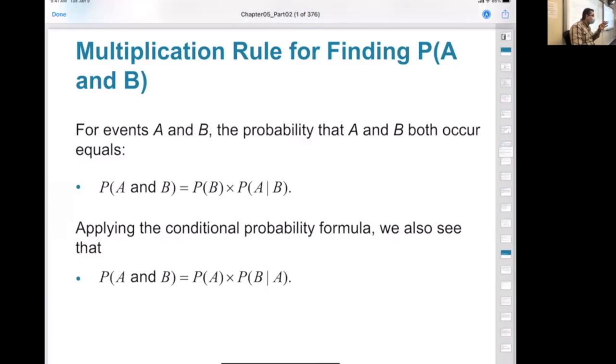If you have A and B, two events, we can say they are independent if the occurrence of one of them does not change the probability of the occurrence of the second one. So they are independent. Like what? Like tossing a coin 2 times. The results here are independent.